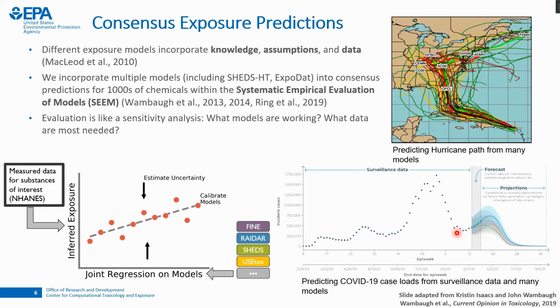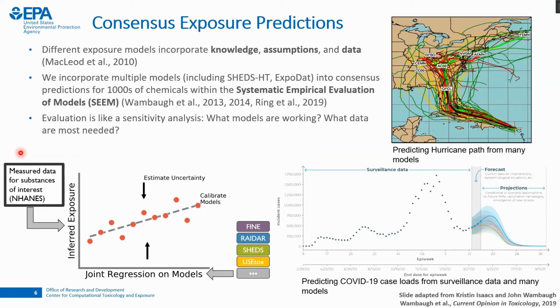We're doing the exact same thing with our systematic empirical evaluations of models, the SEEM approach, with our exposure data. We have measured data from the National Health and Nutrition Examination Survey, NHANES, where we have concentrations of chemicals that have been measured in American serum as well as American urine samples.